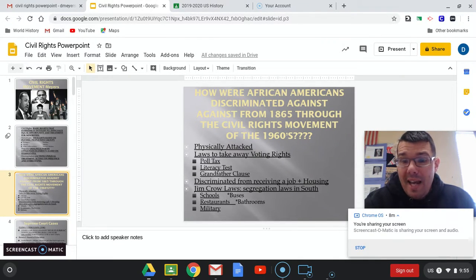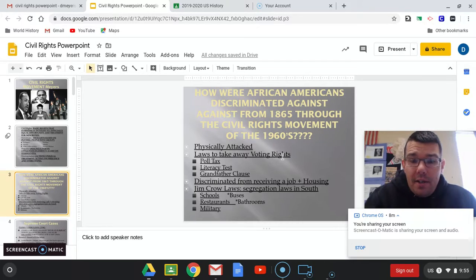You have members of the KKK that will form and do that as well. You had lynchings where they would physically attack, beat up, and hang an African American in plain sight for the whole community to watch. So they used physical violence to promote their hate and their ideologies.